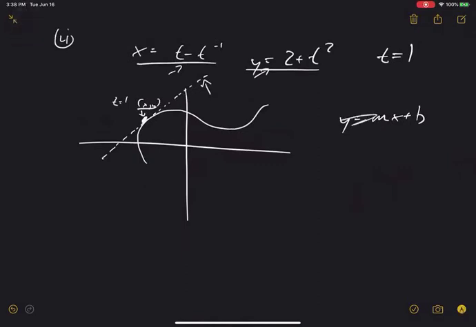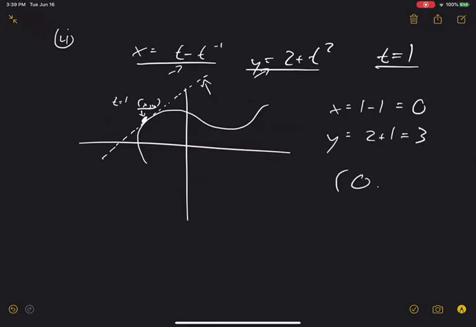Okay, but first step might be finding the point. When I plug t equals 1 into my equations, what do I get? I get x equals 1 minus 1, so x equals 0. I get y equals 2 plus 1, so 3. So I know this point (0, 3) is on my line.